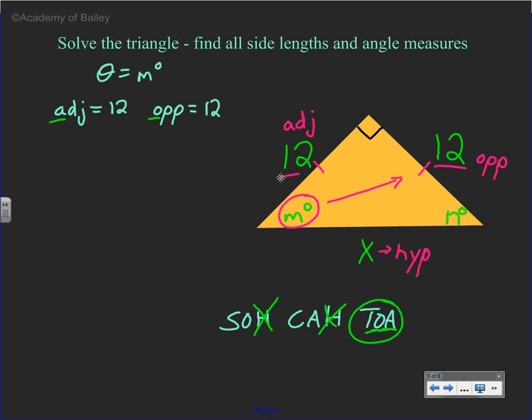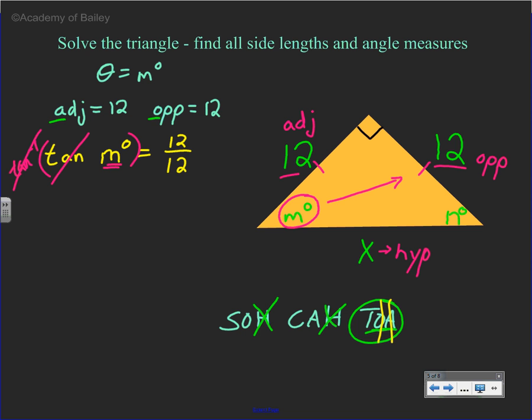So, tangent of theta. Theta is M. Tangent of theta is equal to opposite, which is 12, over the adjacent, which is also 12. Now we know that in order to get M by itself, the opposite of tangent is tangent inverse.